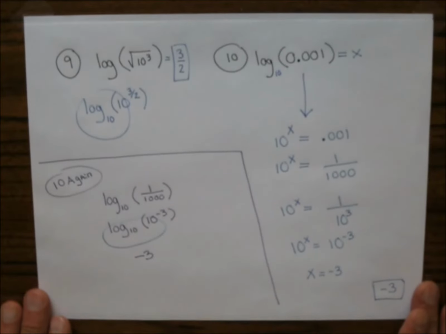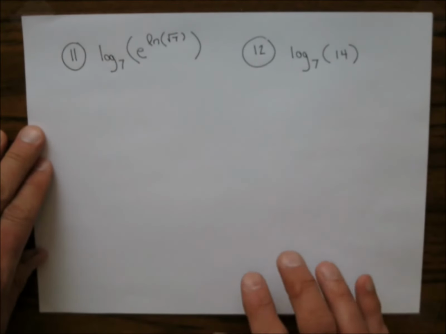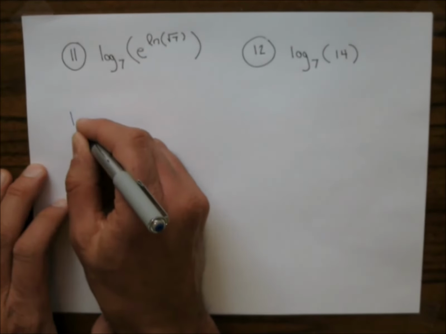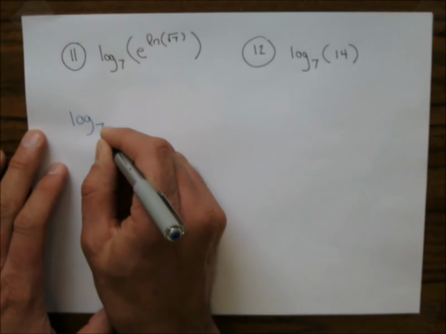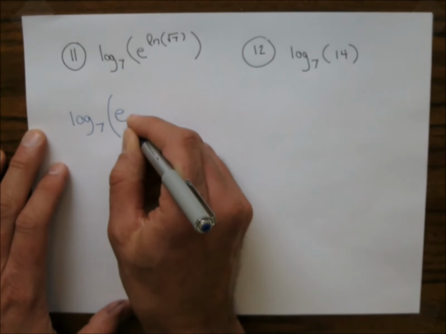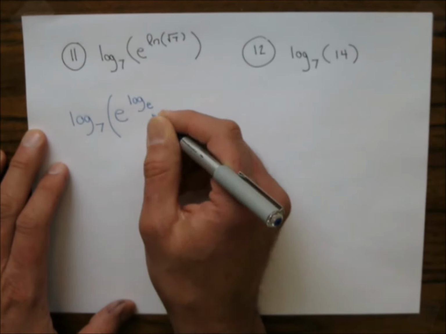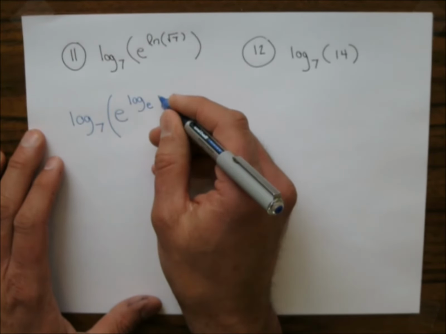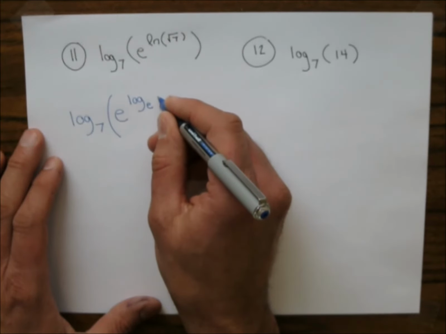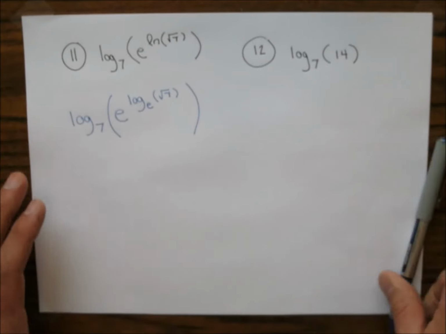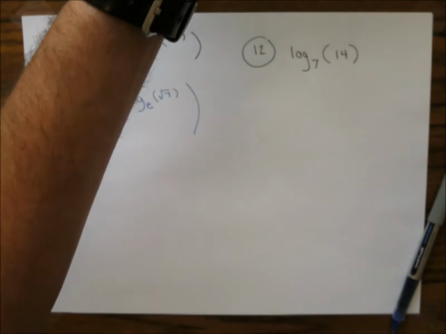Let's go ahead and do a few more things here with logarithms. This one right here, wow. This is log base 7 of e raised to the log base e of the square root of 7. Now I'm going to try to find the other property that we did.